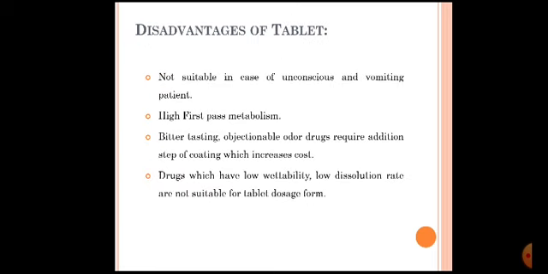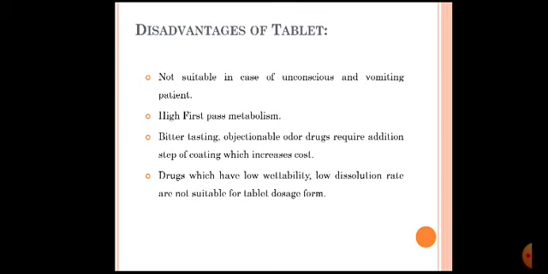Now, disadvantages of tablet. Tablet is not suitable in case of unconscious or vomiting patients. Tablet shows high first pass metabolism. That is, tablet is ingested by oral route, drug gets absorbed and it passes through the liver.